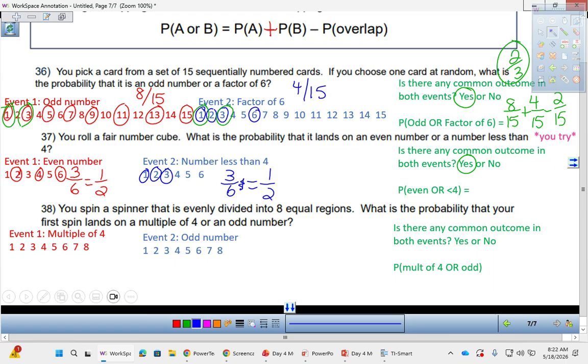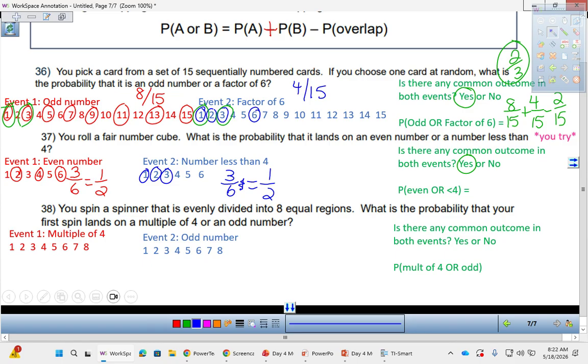If I were to add these up right now, 1/2 plus 1/2 is 1 whole. That would mean that if I were to roll the dice, I am 100% going to get an even number or a number less than 4, which is not true. Because if I roll a 5, it is neither of those things, right? It's not even and it's not less than 4. So 100% doesn't make sense.